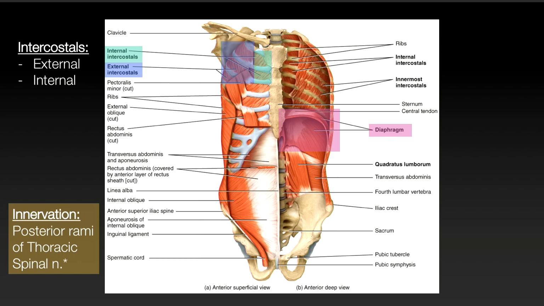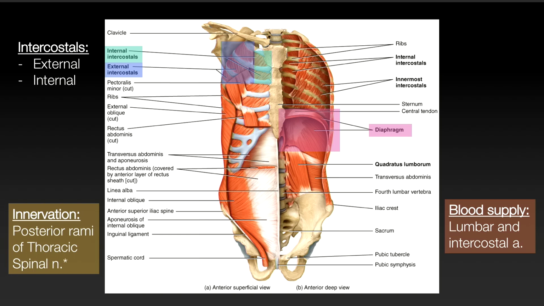Intercostal nerves innervate the intercostals, just like intercostal arteries supply the intercostals. Make sure you write that down because that's not correct as it's shown on the slide. Intercostal nerves and arteries supply the intercostals.